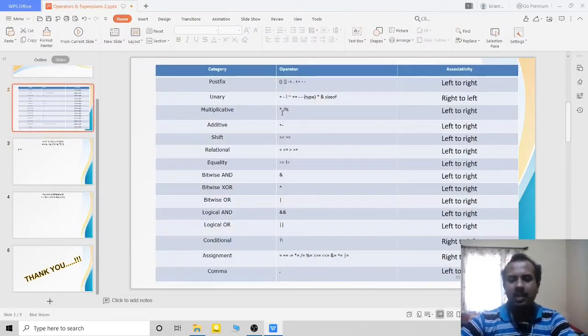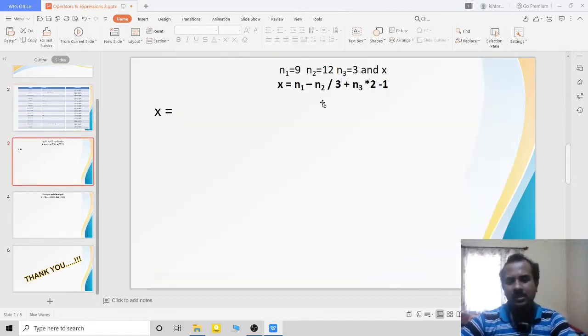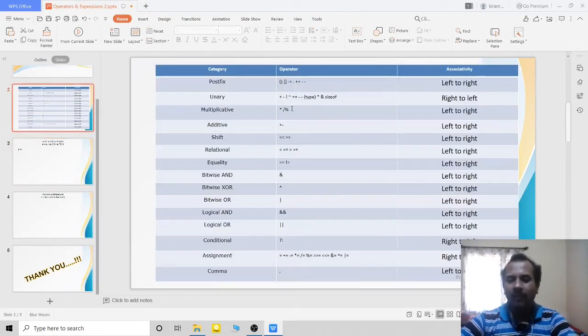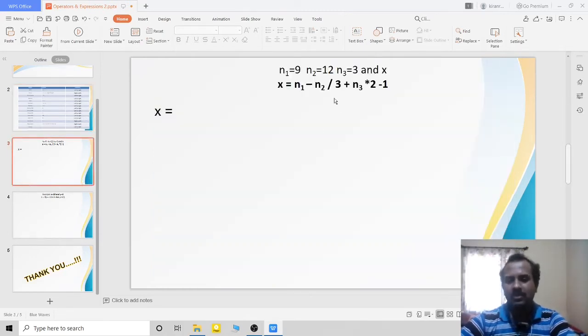If you see the table, multiplication, division and modulus have higher precedence compared to addition and subtraction. So I am going to execute division and multiplication first. But division and multiplication have the same precedence, so I have to know whether to execute the division first or the multiplication first.